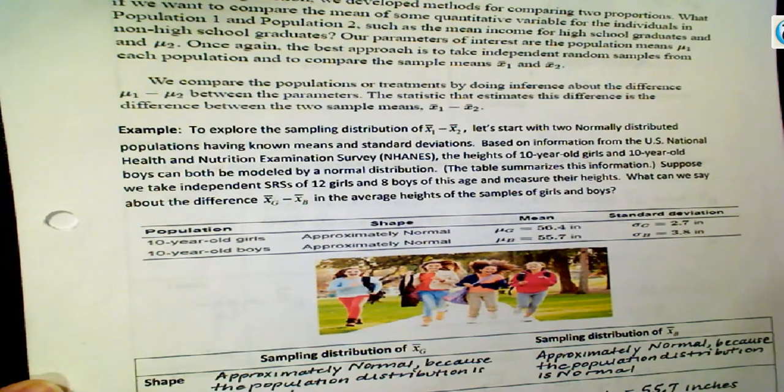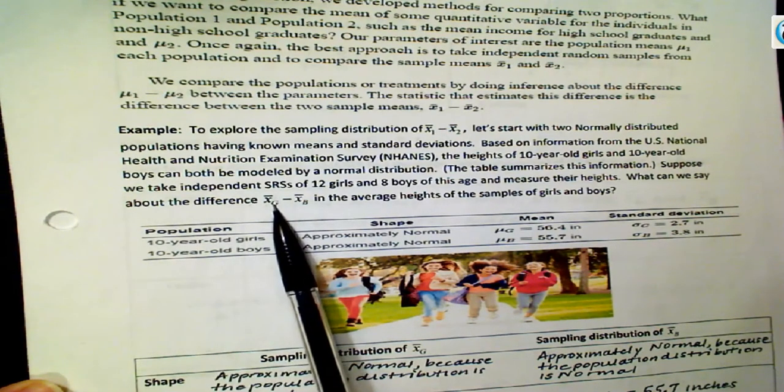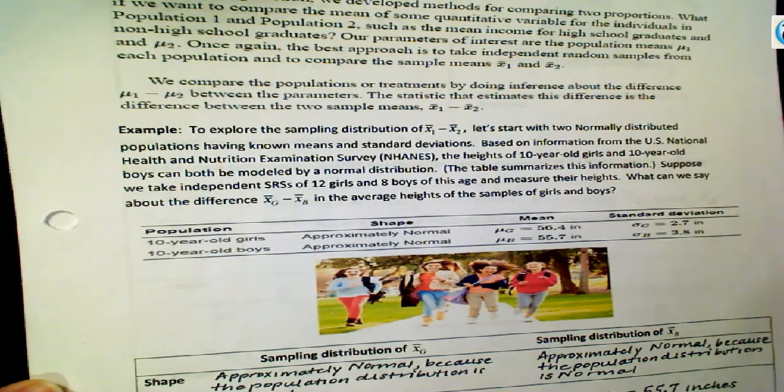Suppose we take independent simple random samples of 12 girls, so that's your n1, and 8 boys, that's your n2, of this age and measure their heights. What can we say about the difference x bar g, which means the sample mean of the girls, minus the sample mean of the boys, and the average heights of the samples of the boys and the girls?